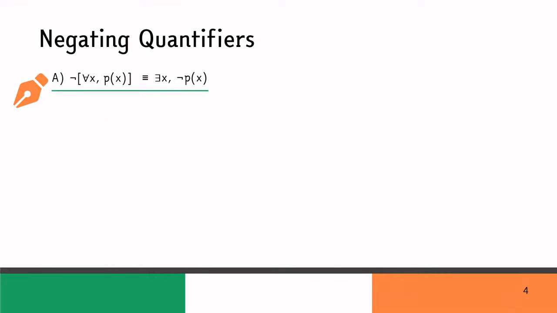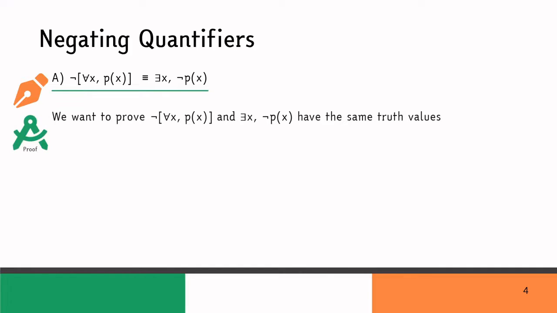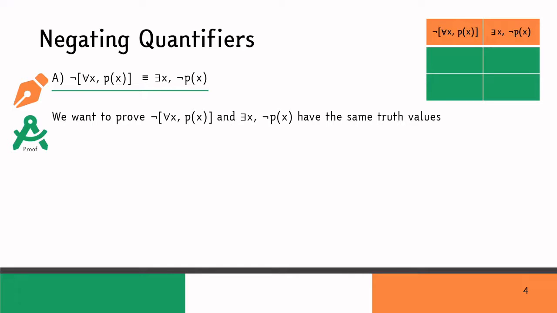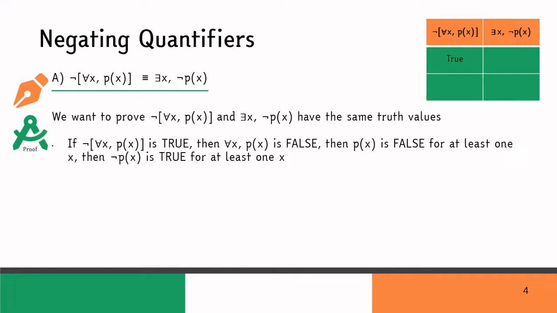If we want to prove that this statement is true, we must prove that both the constituent statements have the same truth values. For that, let's make a small truth table. If negation of the expression for all x p of x is true, then we can say for all x p of x is false.